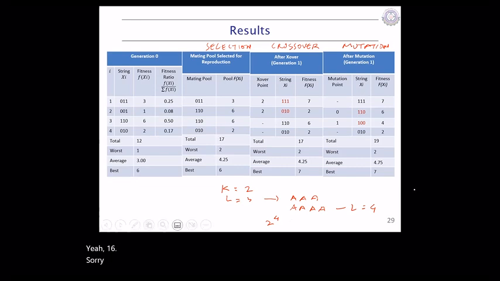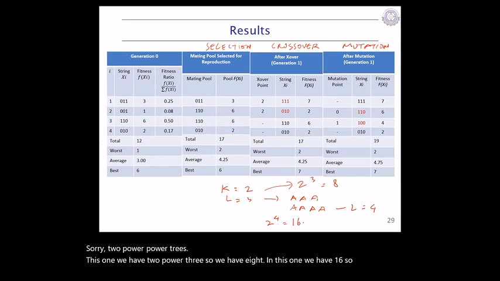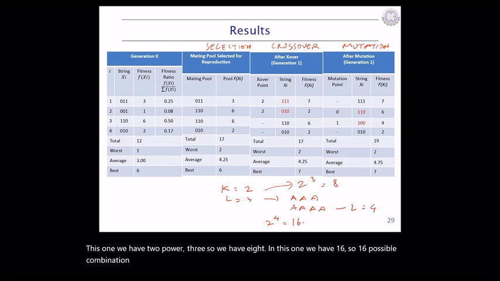If 2 to the power of 3, we have 8, and this one we have 16. So 16 possible combinations for this problem to solve.